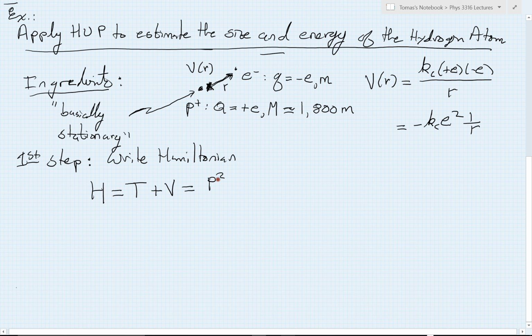That's going to be p squared over 2m. That's how we write kinetic energy in terms of momentum. And the potential energy we have defined for ourselves here. It's minus Coulomb's constant times e squared times 1 divided by the separation between the two particles.